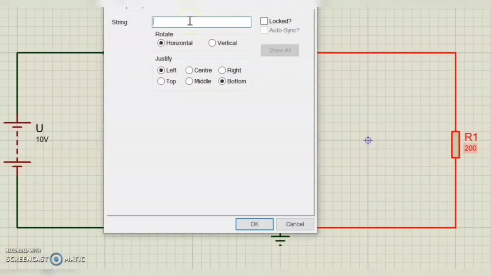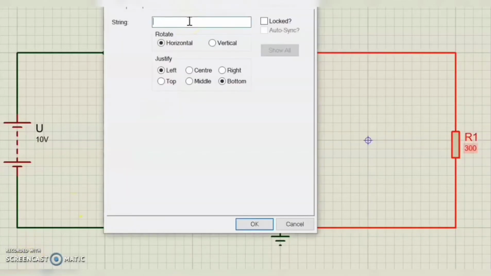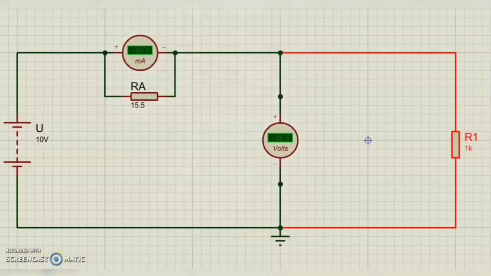Then we try with 3000 ohm. Then we get 33.3 milliampere. Then lastly, we try to put 1000 ohm. Then we run. Then the output we get is 10 milliampere.